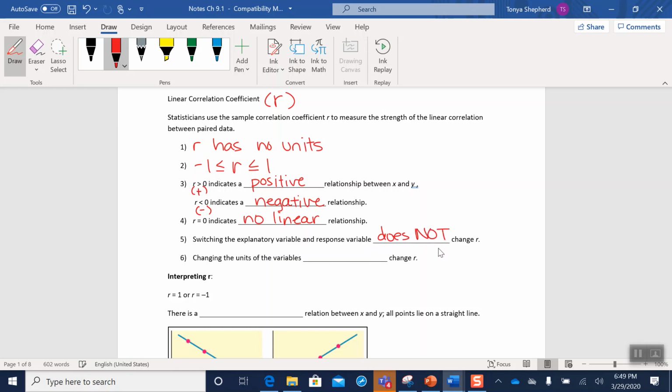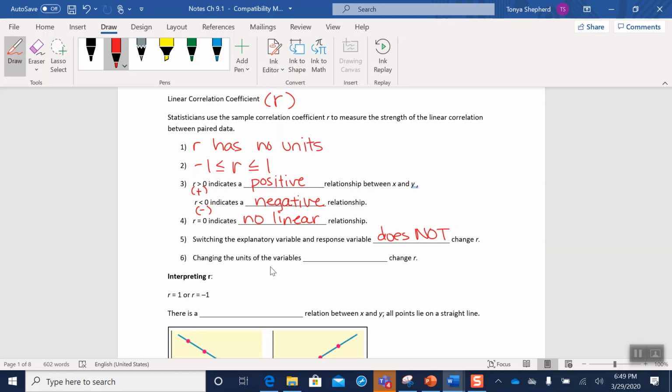It's a very unusual result because what it's describing is the relationship between the two. So it doesn't matter whether x is first and y is second, or y is first and x is second. The amount that the two are related, which is what R measures, is going to be the same.